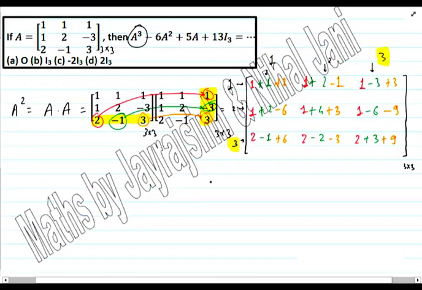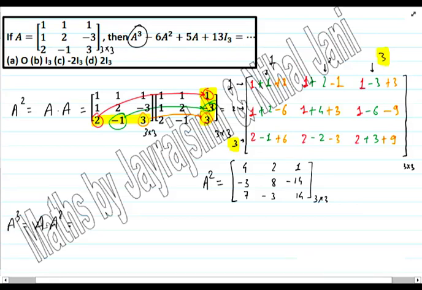By simplifying this, we will get our A square, which is equal to 4, 2, 1, minus 3, 8, minus 14, 7, minus 3, 14. Okay, but still we have to find A cube, which is actually A into A square.